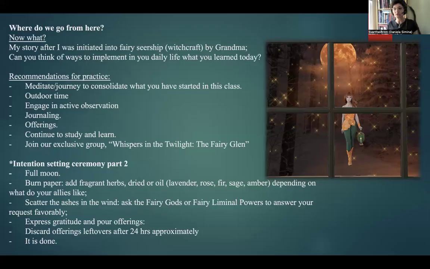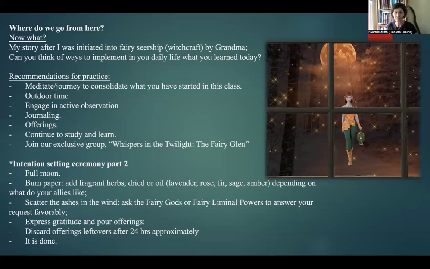That's beyond your possibilities and your budget of time and other resources, but helping to clean the local park, helping to clean the local creek or beach, feeding the birds in your backyards, anything that makes the place you live in cleaner and prettier and more friendly toward life in general. Birds, animals, that helps. Journal. Journal your experiences. I said offerings and continue to study and learn.